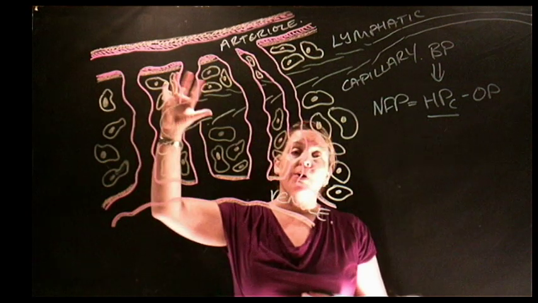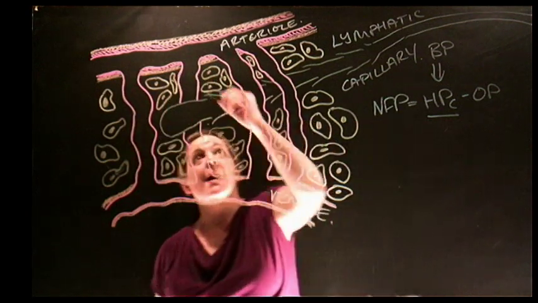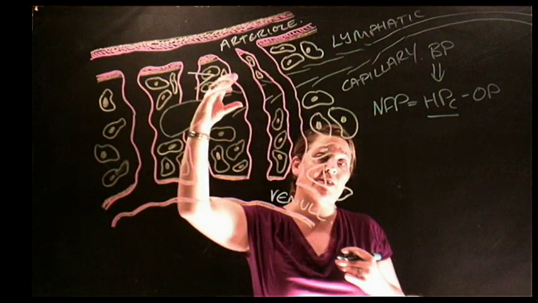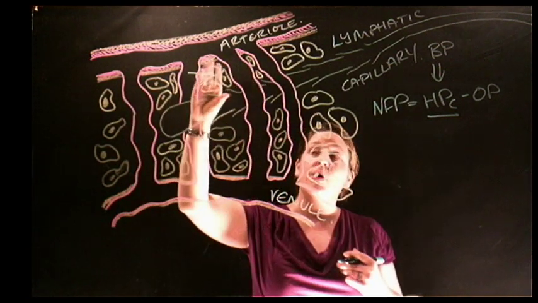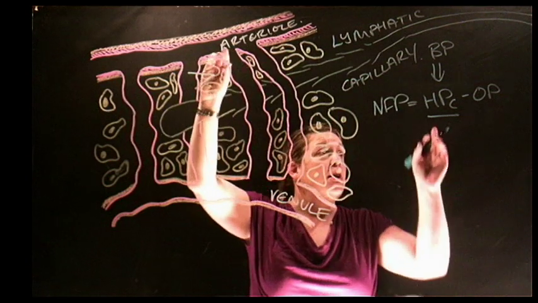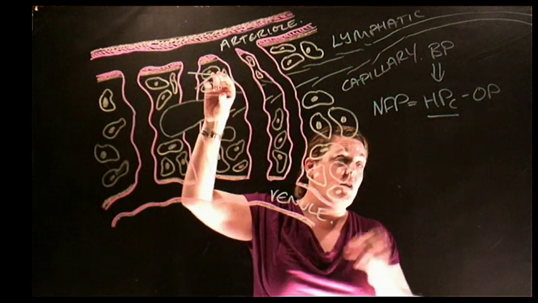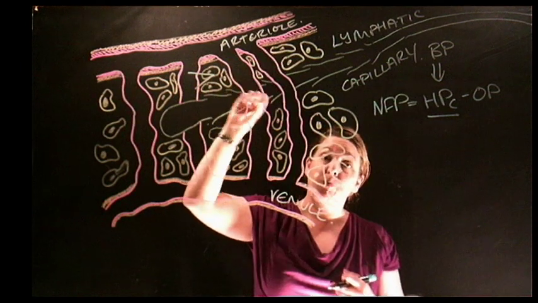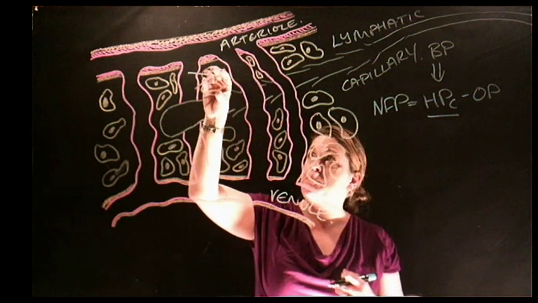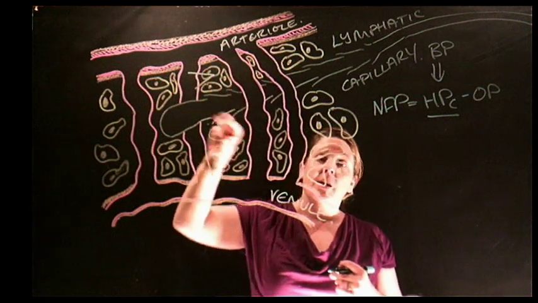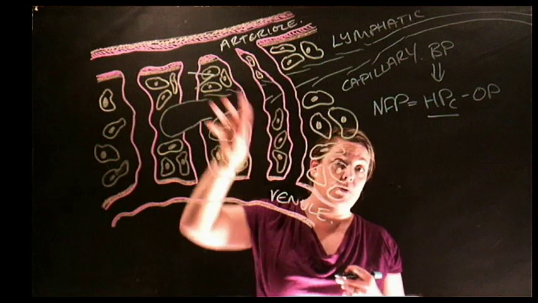So as part of the capillary dynamics, what we had was fluid being forced out into the tissue on the arteriolar end, where the HPC, the blood pressure, is the greater of our two forces. So we had a positive net filtration pressure, and that fluid then circulates as interstitial fluid through the tissue.